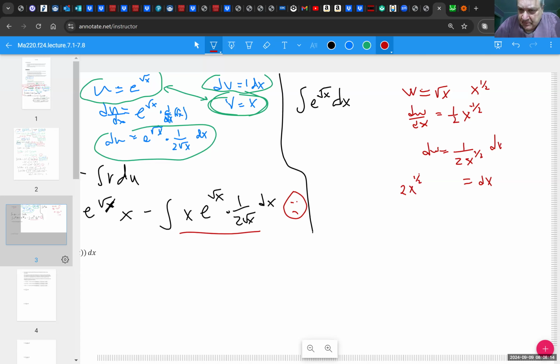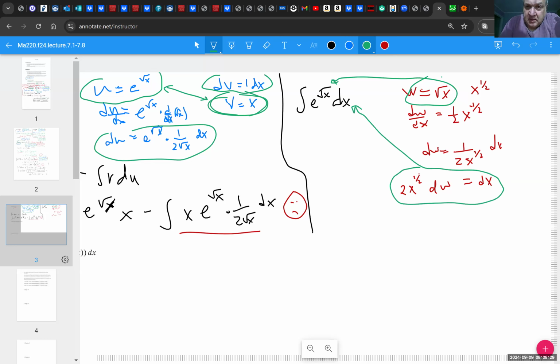So in this case, dx is equal to 2x to the 1/2 dw. Okay. So now I'm about to put stuff in. My w goes in for square root of x over here, and my 2x to the 1/2 dw goes in for dx over here.